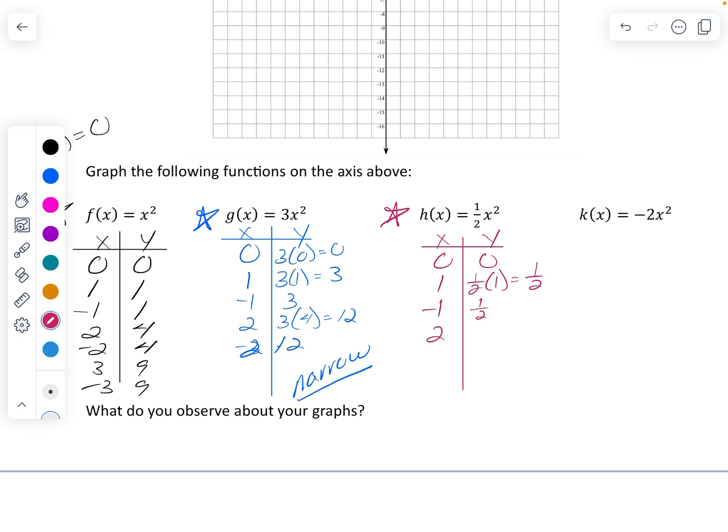Now when we do 2, 1 half of 2 times 2, which is 4, 1 half of 4 is 2, so negative 2 is going to be the same. I'm going to jump up to 4 here, just because I know I'm going to divide by 2, so I want a nice even number. So 1 half of 4 times 4, which is 16, is going to be 8. So negative 4 is also 8.